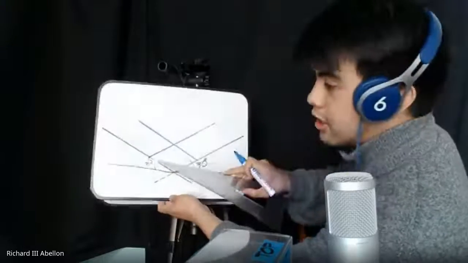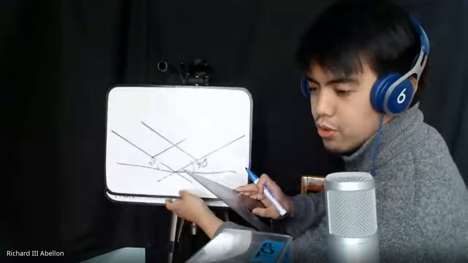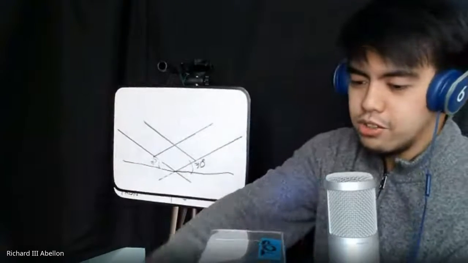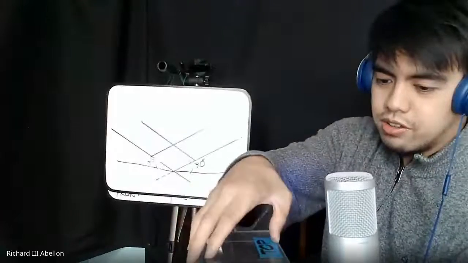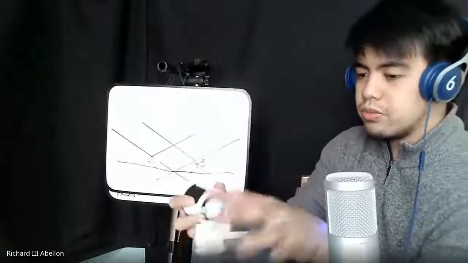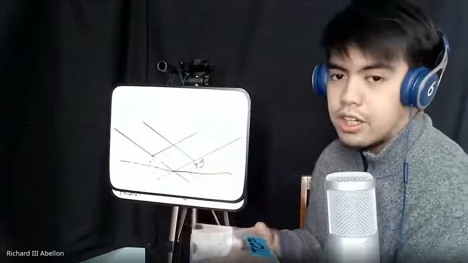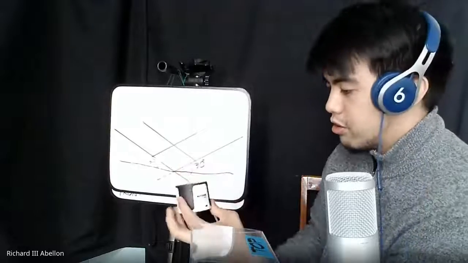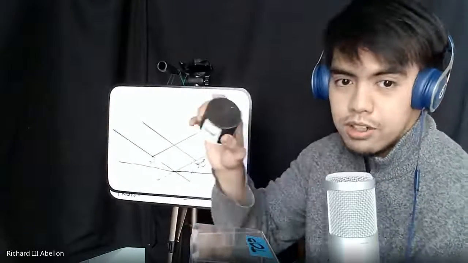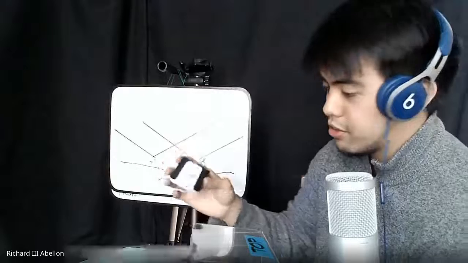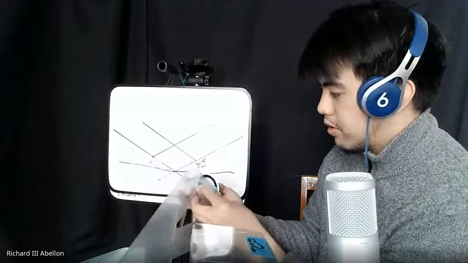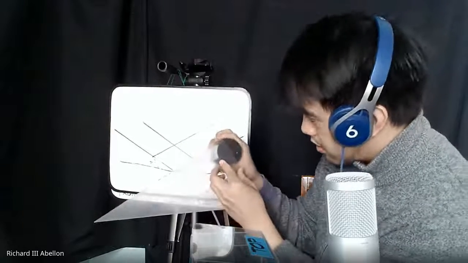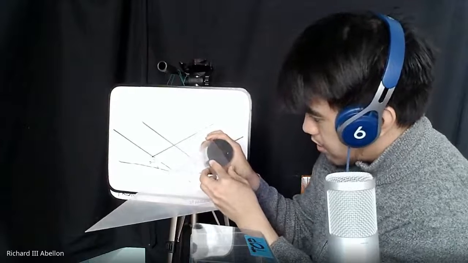Imagine natin na measure natin, sige, measure na lang natin ng maayos. Okay? So, in creating the isometric, you will be measuring this. And so, ang diameter ng plan niya is 5.6 centimeters.